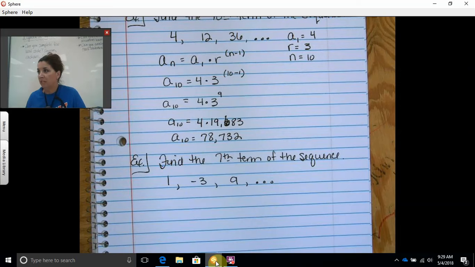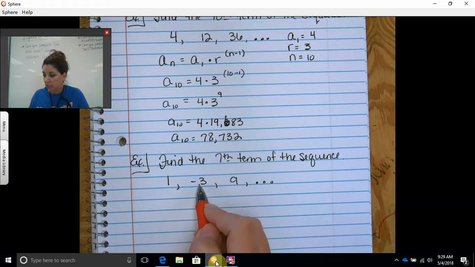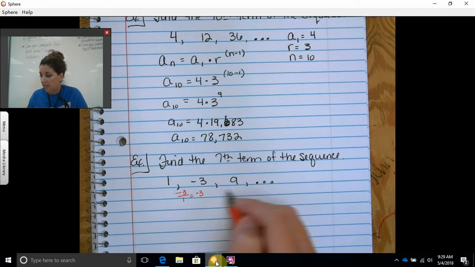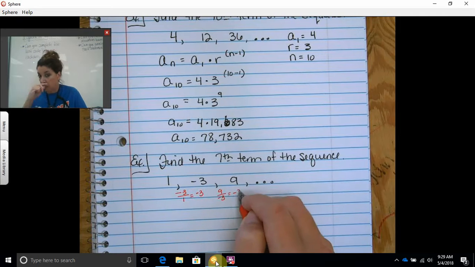If that -3 confuses you, like, okay, what's the common ratio? If it confuses you, then just set up the ratio. So remember, you would do -3 divided by 1, which is -3. And 9 divided by -3 is -3.